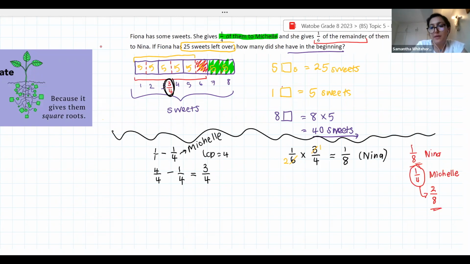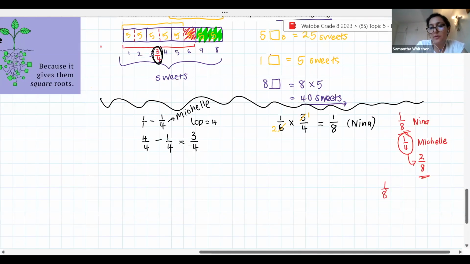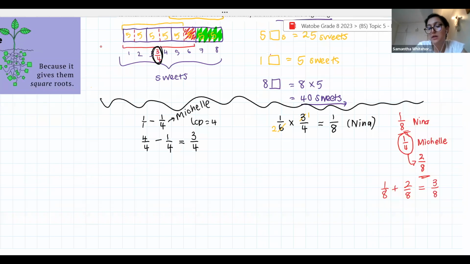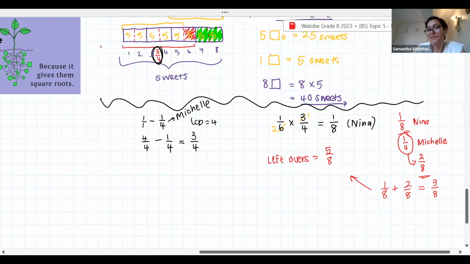So I've got 2/8 to Michelle, 1/8 to Nina, and so in total she's given away 3/8, which means that her leftovers is 5/8. If we say 5/8 plus 3/8, we get 8/8 or 1.